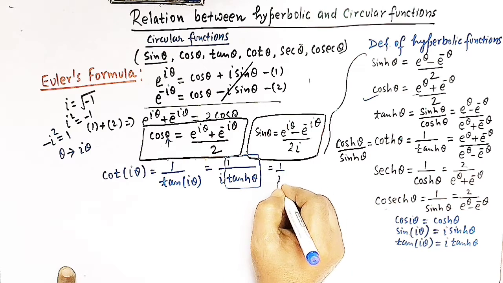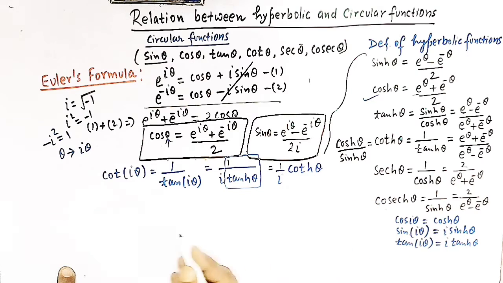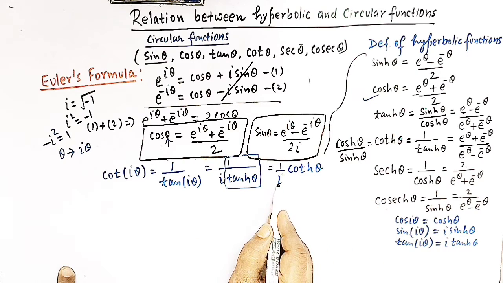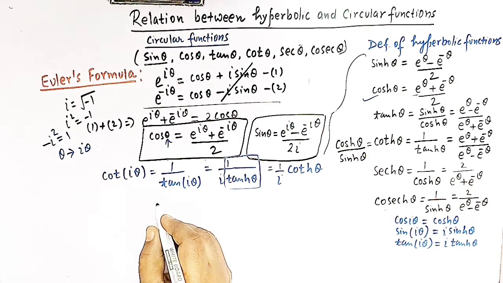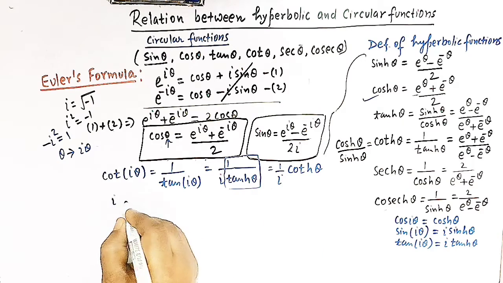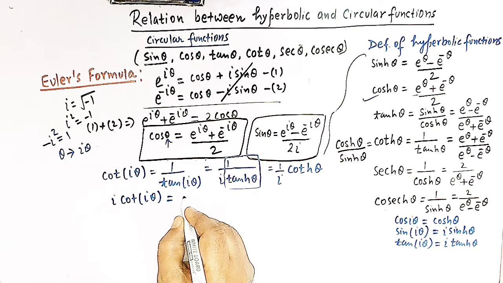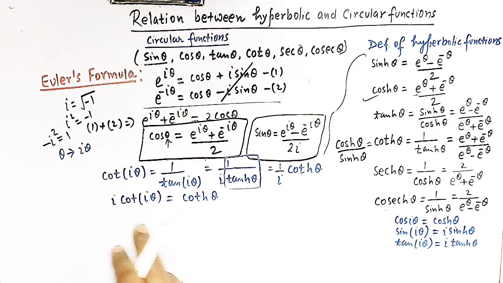So we have 1 over i, and here we have hyperbolic cotangent of theta. So now multiplying this i with this term, so multiplying cotangent iθ with i, we have now i times cotangent of iθ is equal to the hyperbolic cotangent of theta. So this is another relation. So here we can now write i times cot iθ is equal to hyperbolic cotangent of theta.